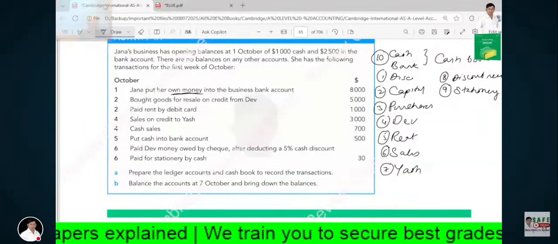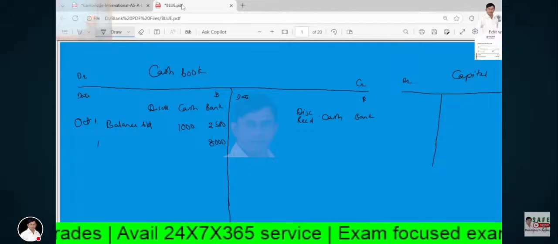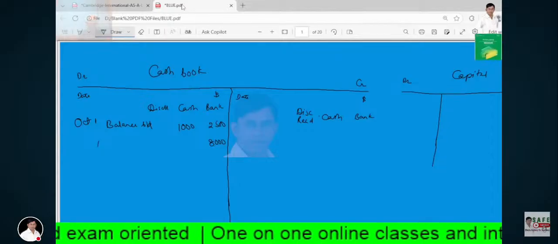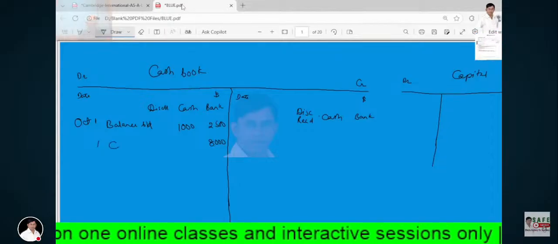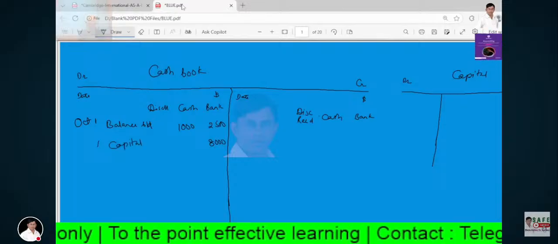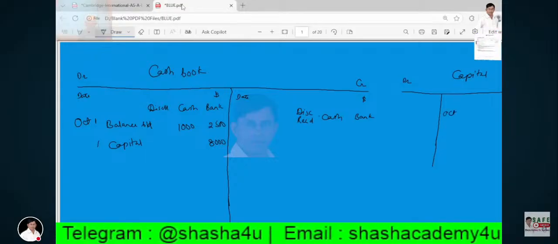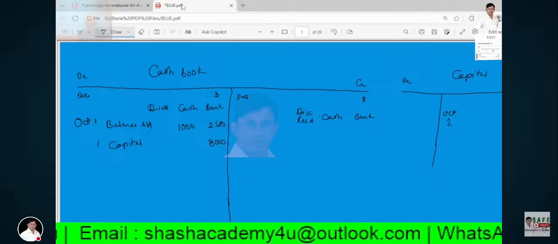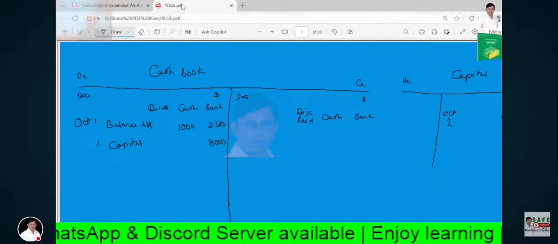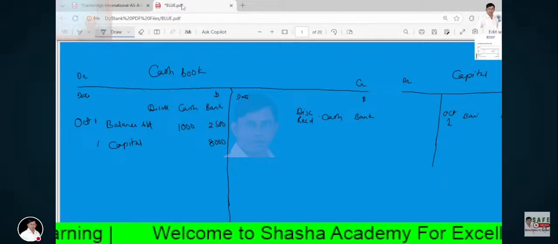So debit bank account, and who is giving it? It is capital. So complete the entry, October 1, $8,000. By bank, we have received through bank.